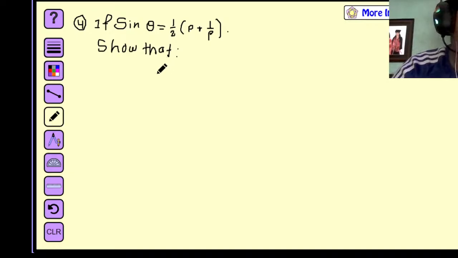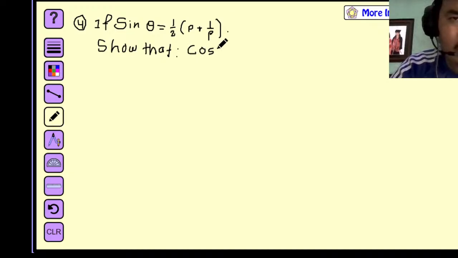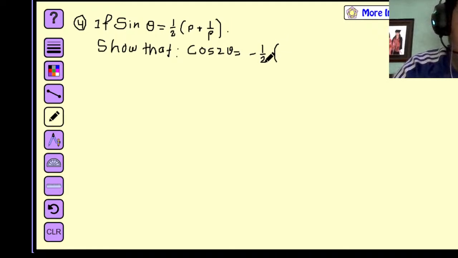And the question is asking to show that cos 2 theta equals its value, asking us to prove, minus 1 by 2, and in bracket there is p square plus 1 by p square.